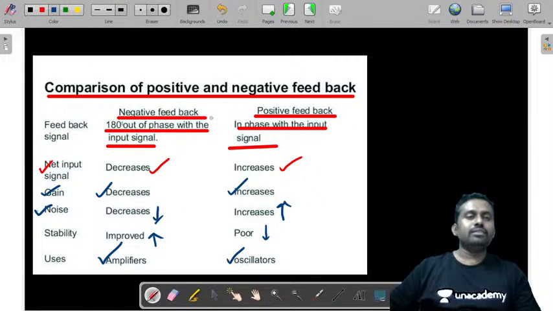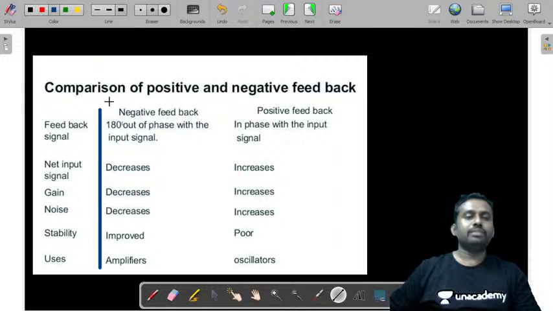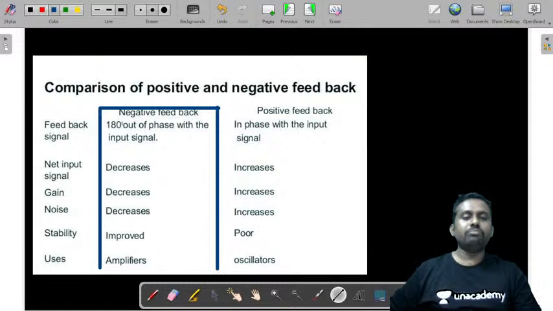So these are the different aspects on which positive and negative feedbacks are compared. With this you can see the most important advantages of these two feedbacks would be of negative feedback, where stability is improved and the noise is reduced.